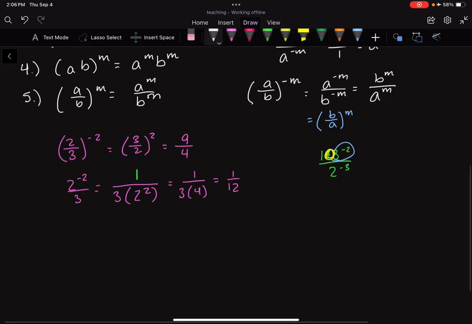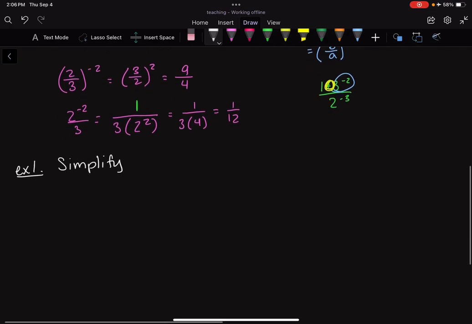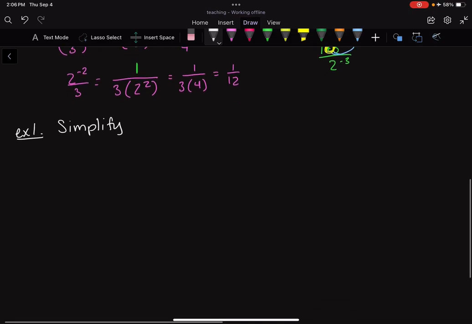All right, I'm going to go ahead and do some more examples. Those are just small examples. Now we're going to start our first official example. Directions for questions like this would just say simplify. I'll do two at a time. So part A, we'll do 3x squared y cubed times negative 4 x to the negative 2 y to the negative 5.